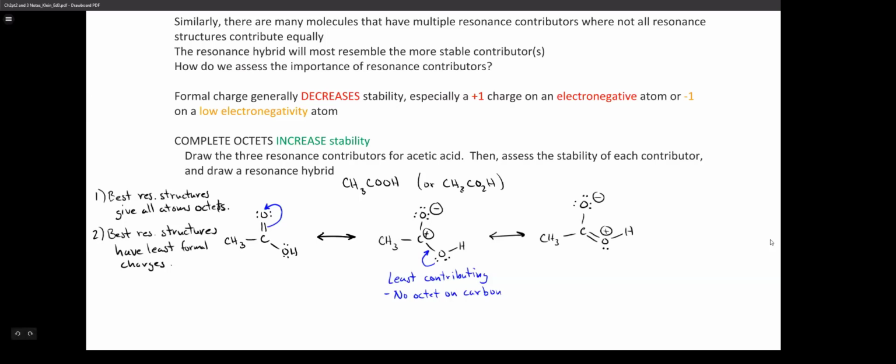This one is the best because all atoms have octets, and there are no formal charges. Or instead of best, I could say the most contributing.